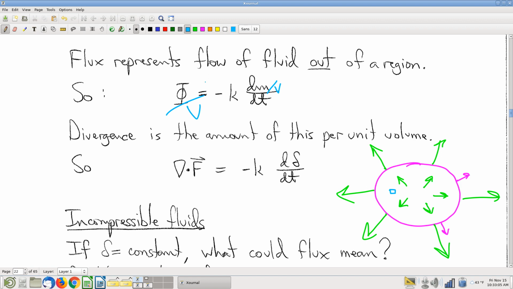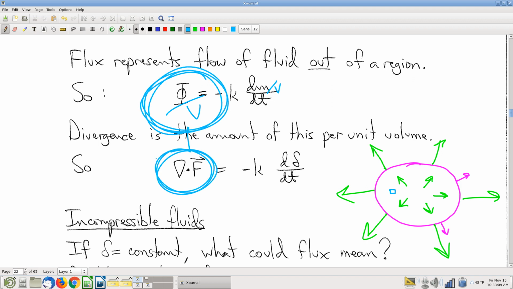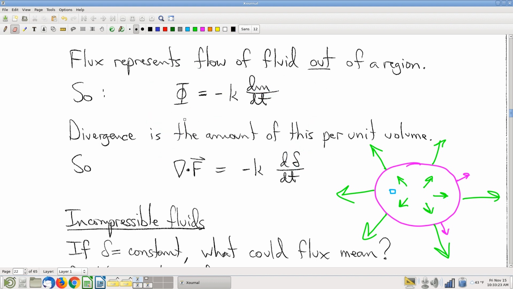And flux per unit volume, that's flux density, that's divergence. Mass per unit volume, well, that's density. Right? And so, easy argument there.